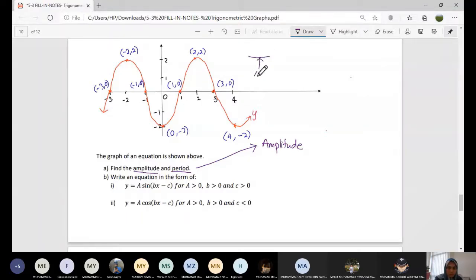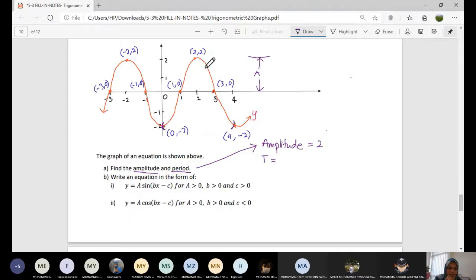Here, this is your A. So your A is 2, amplitude is 2, and then for its period T, you can calculate or you can choose any complete cycle. Okay, let's say you can start from here, 0, -2 up to 4, -2.